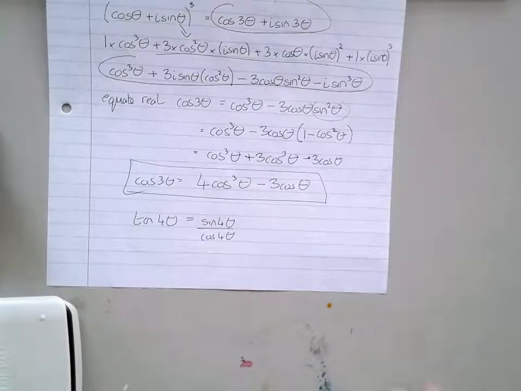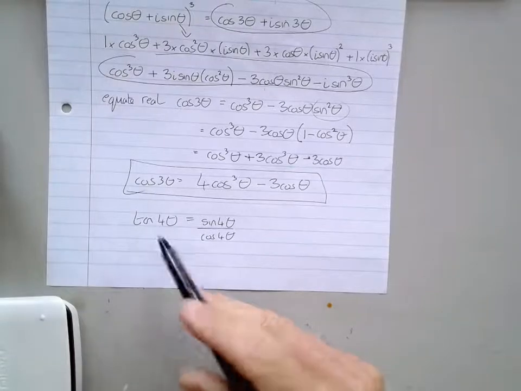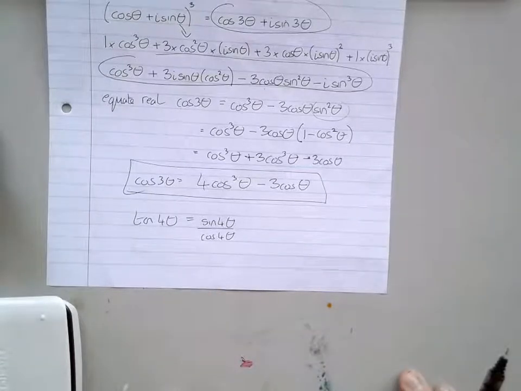It's quite clever, quite nifty, but you can write tan 4 theta in terms of powers of tan theta in the same way. So that's the start point of using De Moivre's for trigonometric identities. It's the easier of two different things that you're going to be using it for.